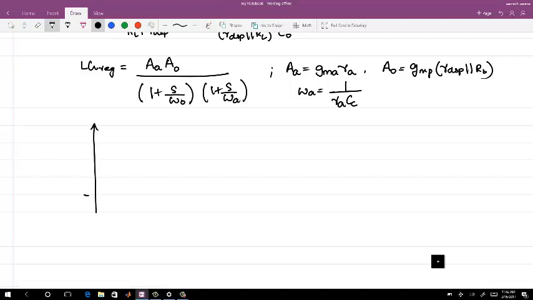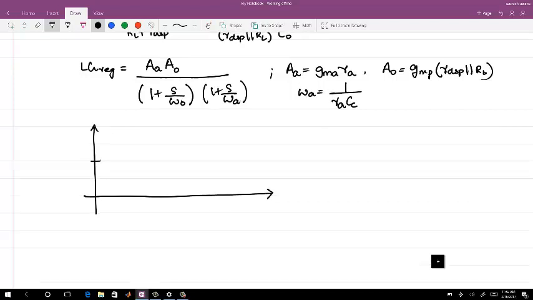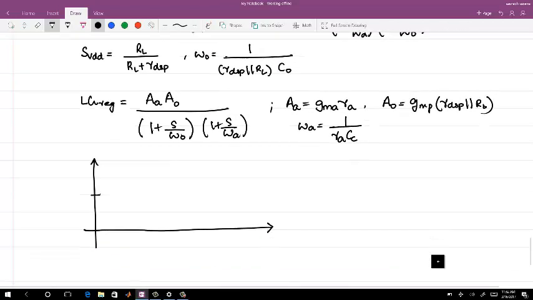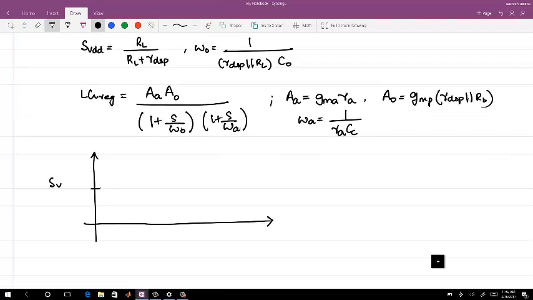If I plot this, at DC, what's the value at DC? You have SVDD divided by 1 plus loop gain at DC. Then in case your omega amplifier is much lesser than omega out, you will have a zero coming in.